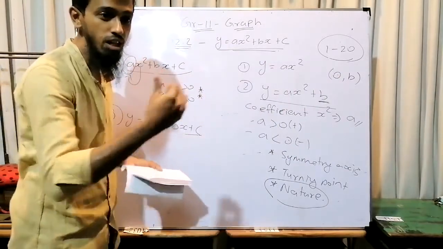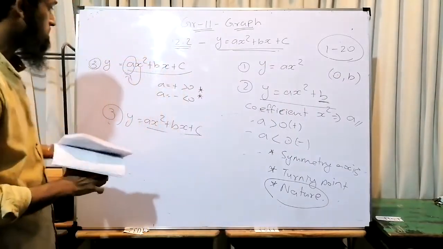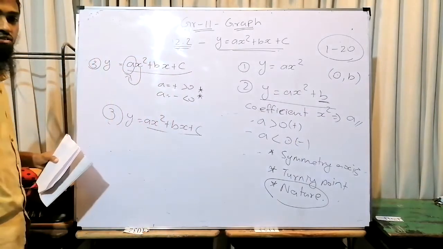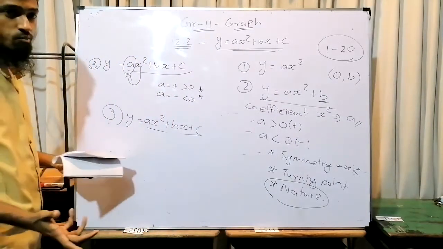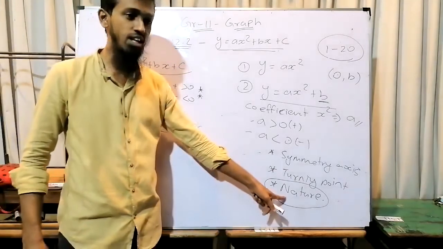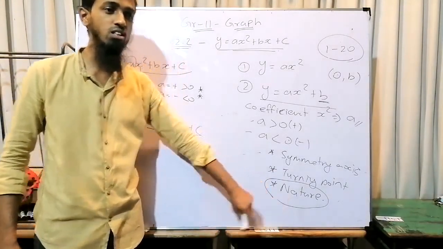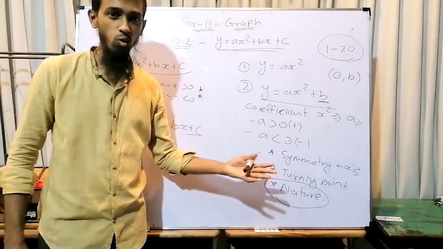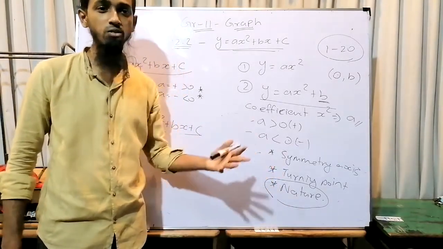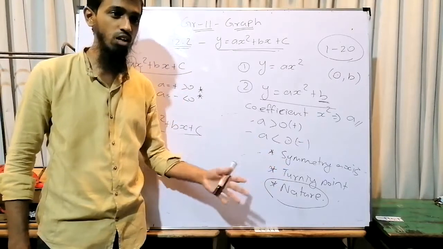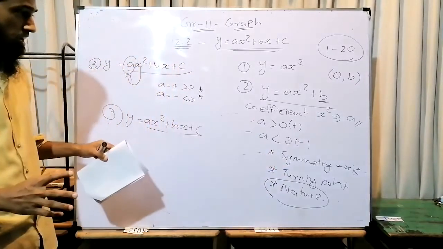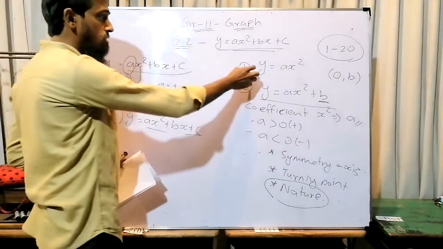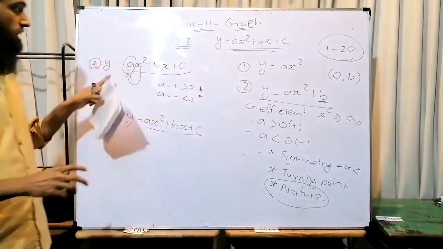What about the third part of the equation? Nothing is here. Only we can say the nature of the graph. Otherwise, we need to draw the graph. After drawing the graph, we can always answer the question. Nothing special like 1 and 2 in this category.